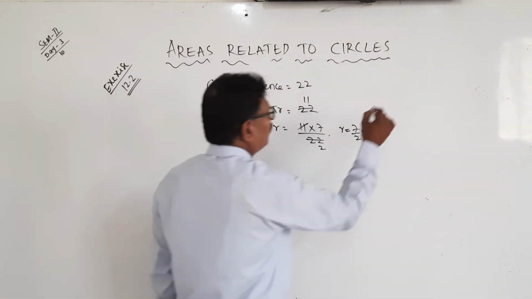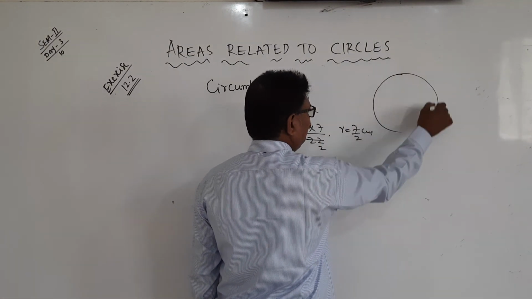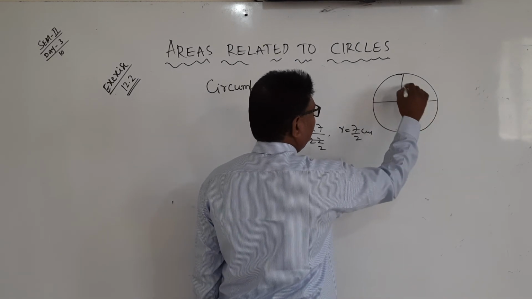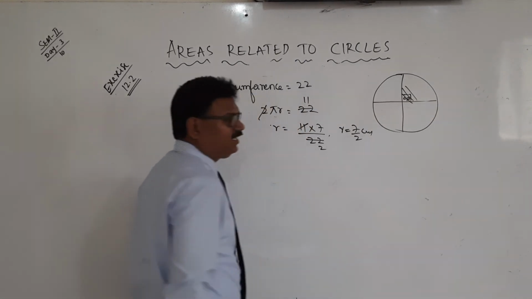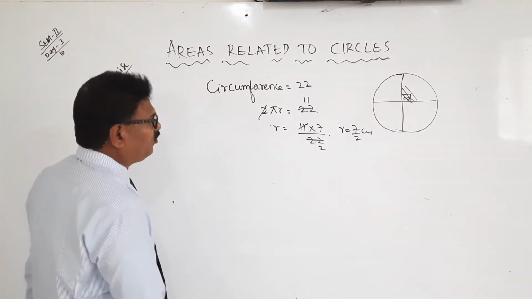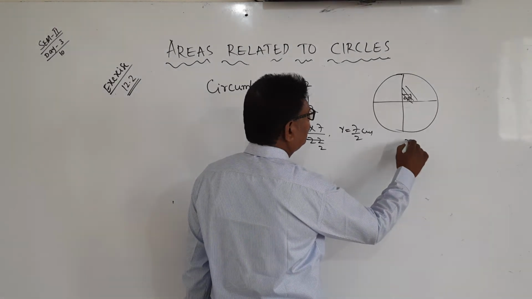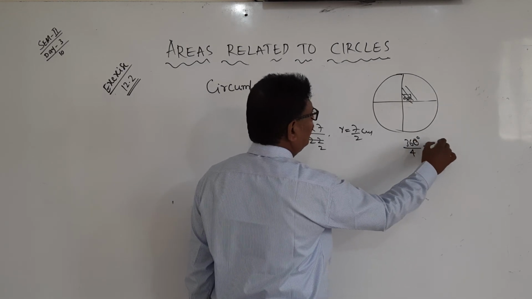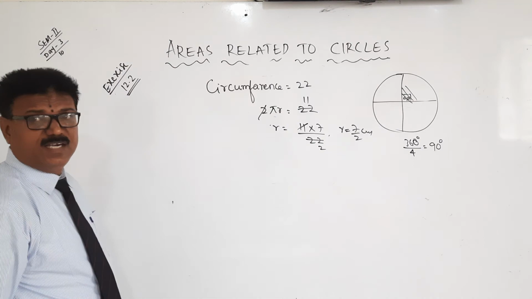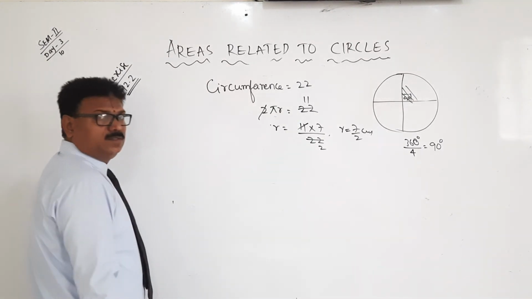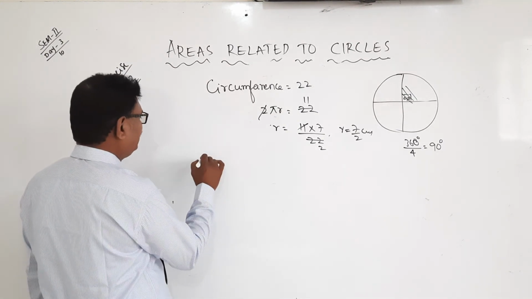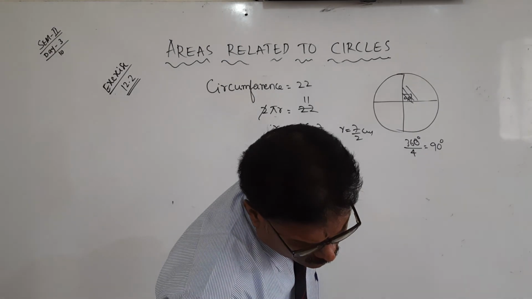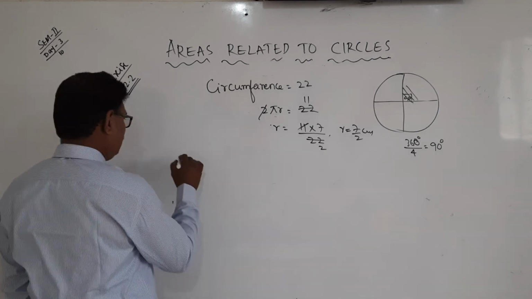see quadrant. Quadrant means, how to find out? Very very simple. Like this, quadrant. Okay? What is the angle? 90. Quadrant means 4 parts. 4 parts means 360 degrees already is there, divided by 4. It is nothing but how many degrees? 90 degrees. Okay? Then you can find out what you have to find out, the area.